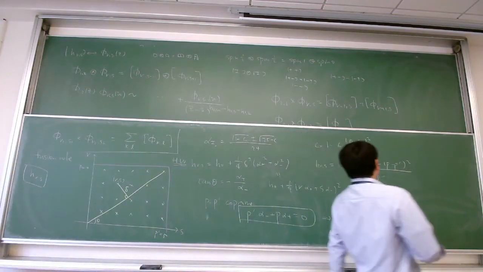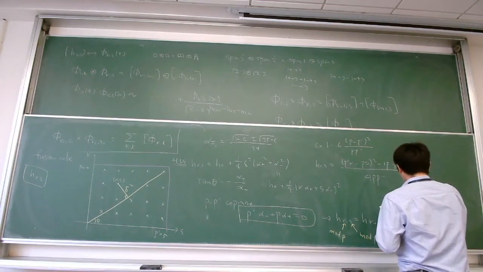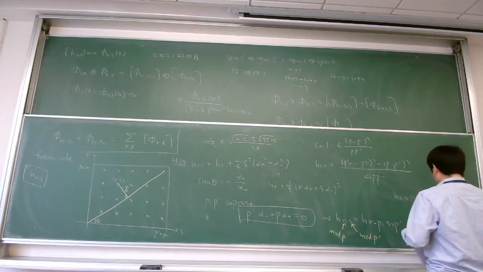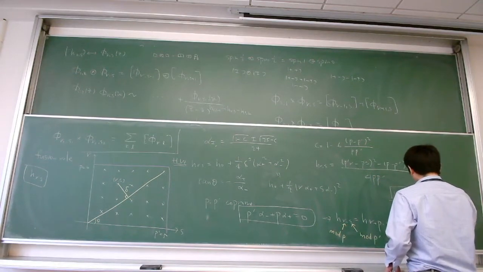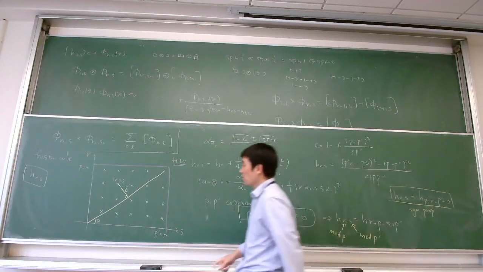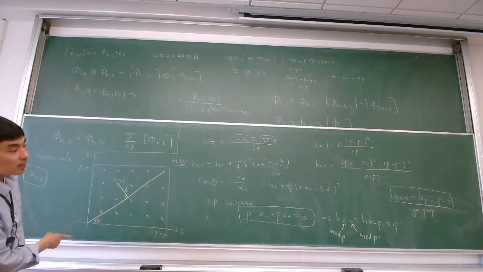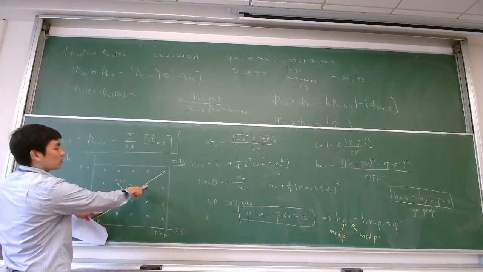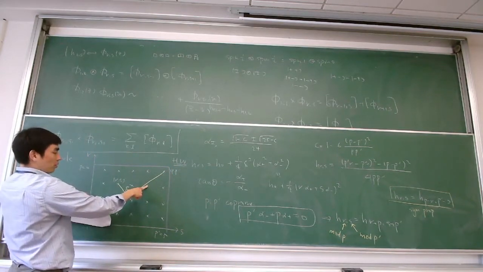And furthermore, if you use this formula, we observe h_rs is equal to h_(p minus r, p prime minus s). So this is the symmetry property, which means that this point is the same as this point. So this is p p prime, and this point is the same.